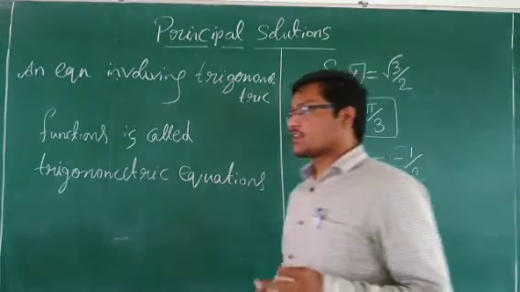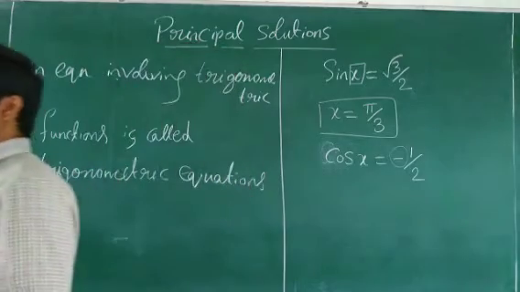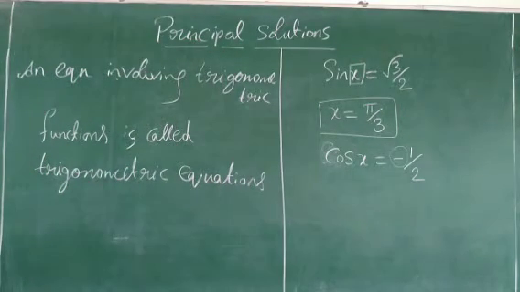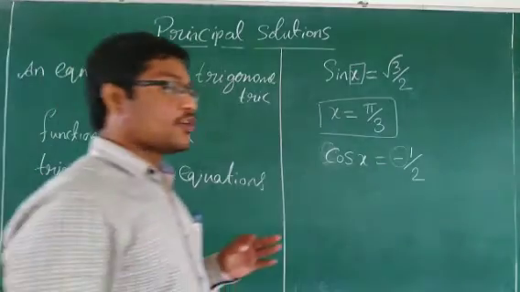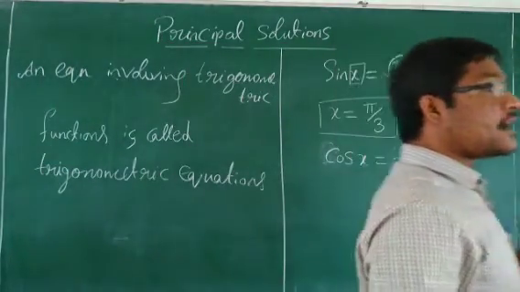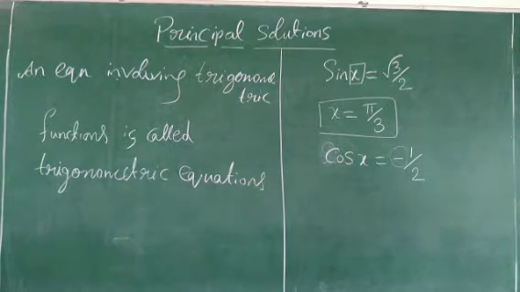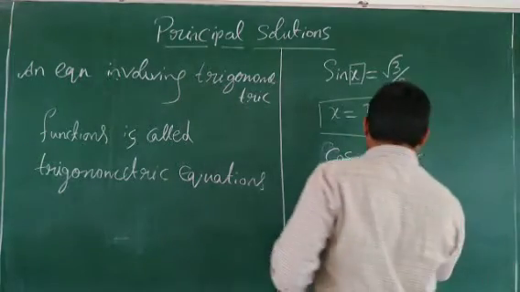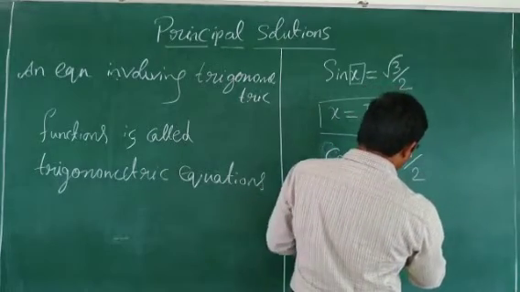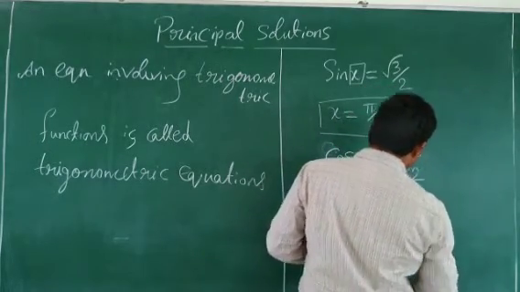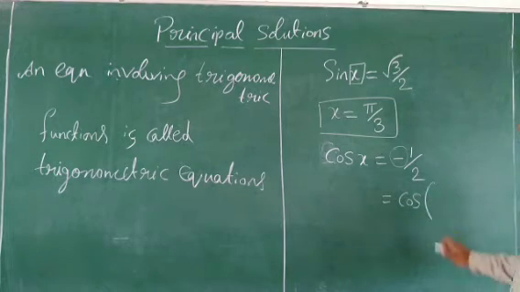Where do we get cos negative? We get cos negative in the second quadrant and the third quadrant.